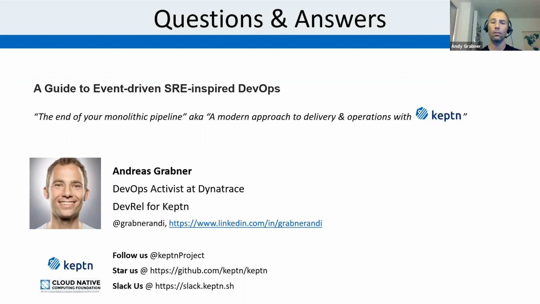Keptn is using the information in Git, whether this is your test files, whether this is your Helm charts. So whenever they change, then these changes can trigger Keptn to then make sure that all of the right tools are getting triggered to then make sure that what you declared in Git is actually applied. And I think that's why it's not mutually exclusive. I think it's a perfect match.